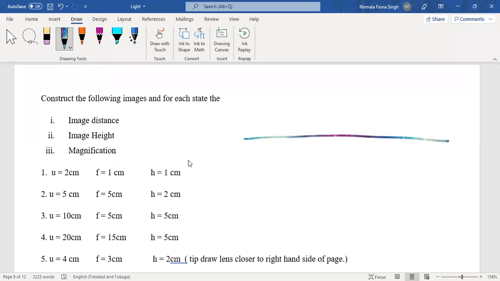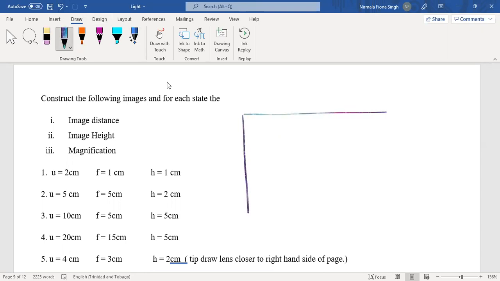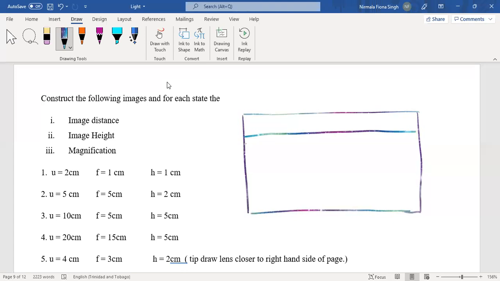First thing, you draw your principal focus. Second thing, my tip to you, folks, when you're drawing this on a notebook page or a graph page, you want to use your graph paper in landscape mode. You want to put your principal focus kind of close to the top of the page, right? So that's your principal focus.